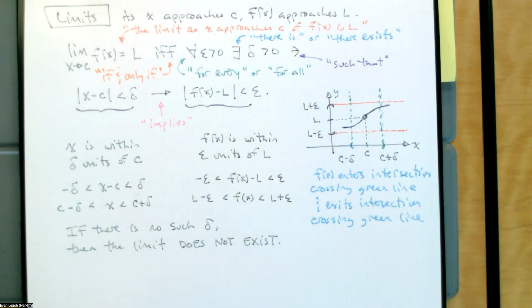So if there's an epsilon we can choose, and there is no delta that makes this happen, then the limit does not exist.